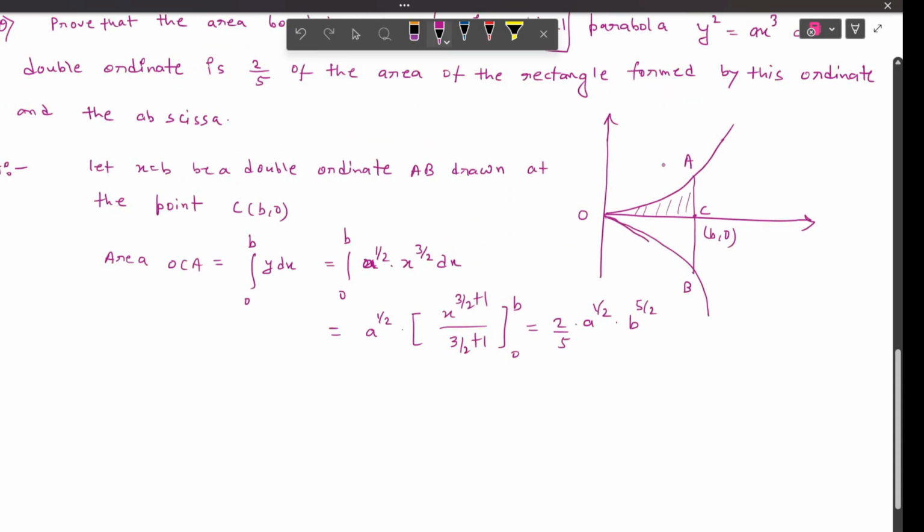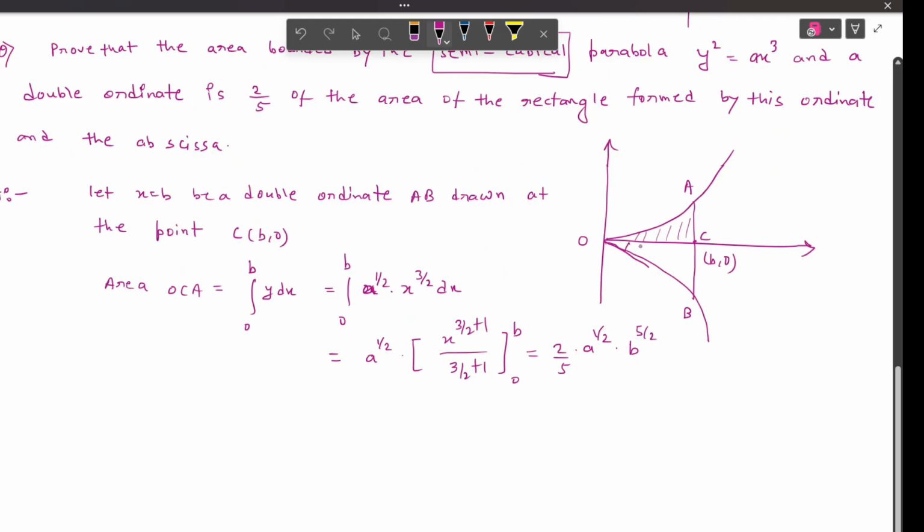So what would be the area? The total area would be this. Total area is this, because we need the area bounded by the semi-cubical parabola and the double ordinate. That means this total, and the graph is symmetrical.